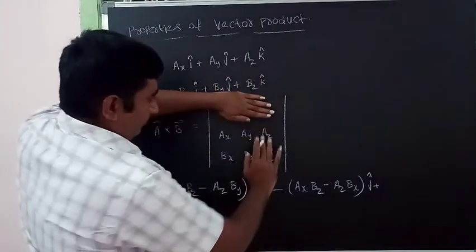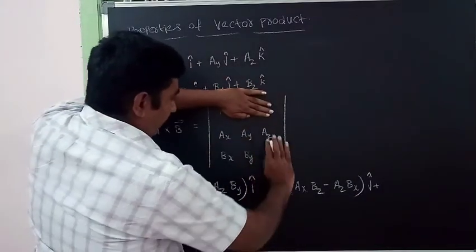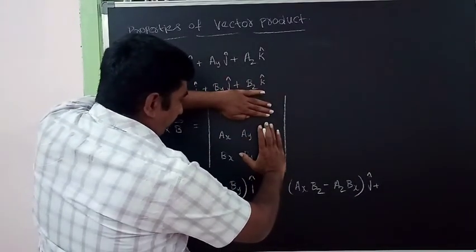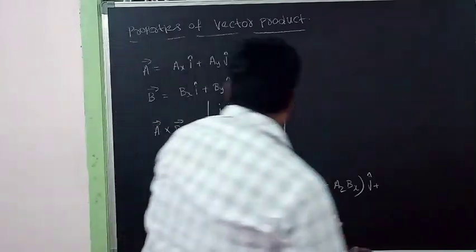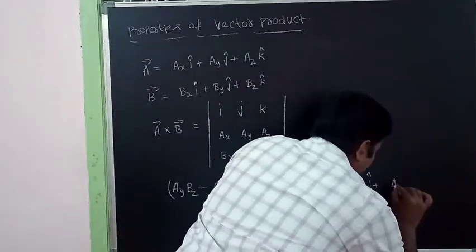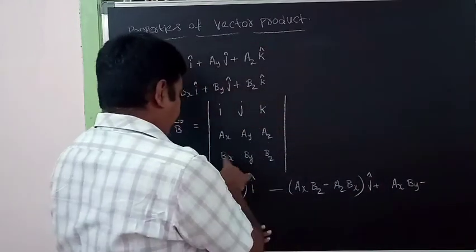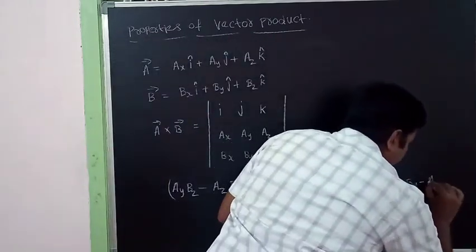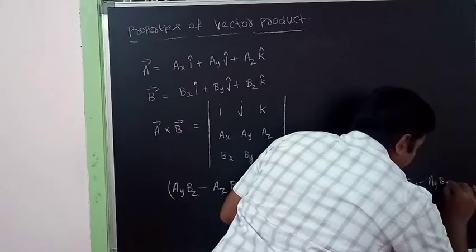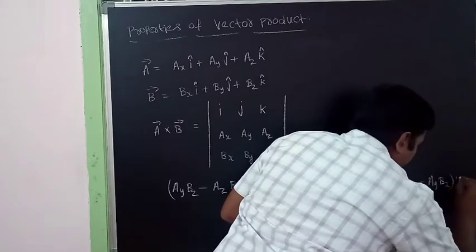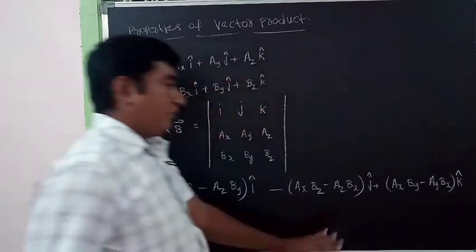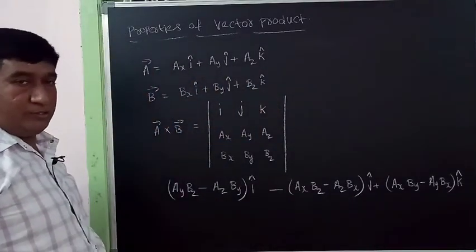Plus now k: ax by minus ay bx, into k cap, which we get.